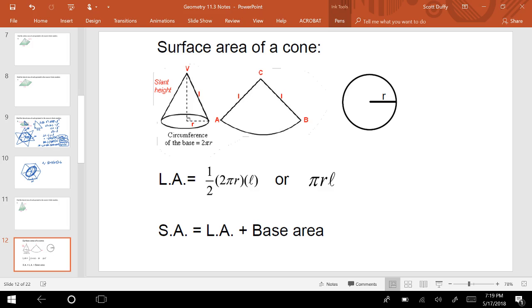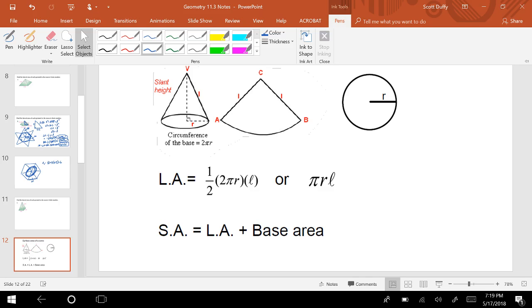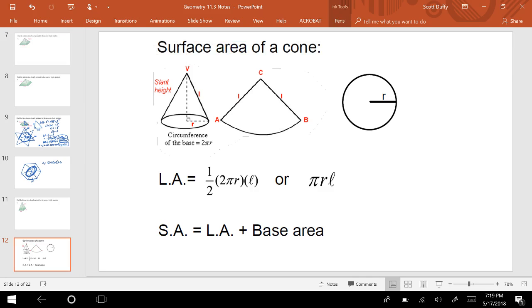Now, before, the lateral area of a pyramid was 1/2 times the perimeter of the base times the slant height. Now, in place of the perimeter of our base would be what goes around the circle, or in other words, the circumference.